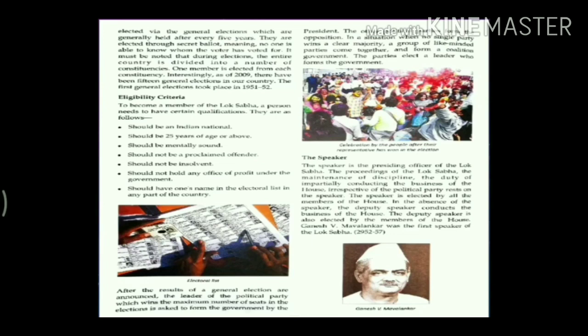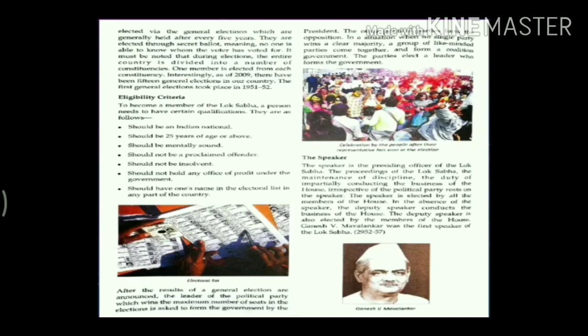After the results of a general election are announced, the leader of the political party which wins the maximum number of seats in the elections is asked to form the government by the president. So after the general elections, my dear, when the majority of the members are elected from one political party, that political party is going to govern the country, directed by whom? By the president. We have a lot of parties, like BJP, Congress, Aam Aadmi Party.